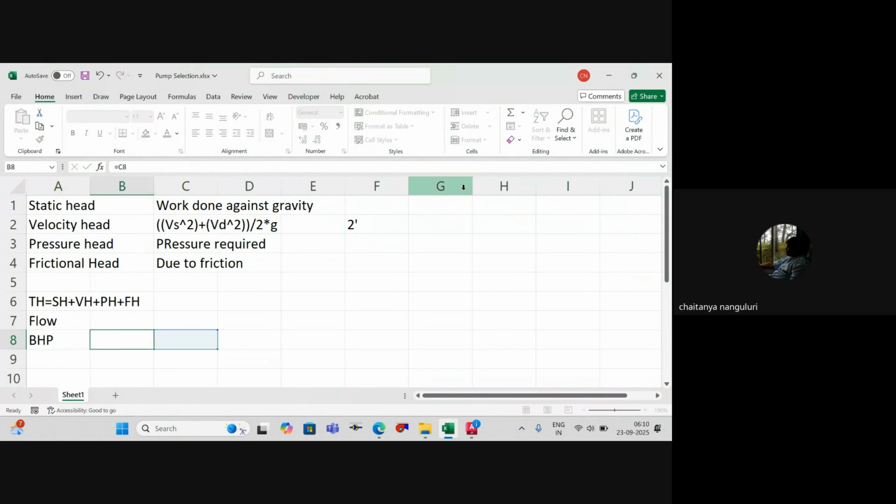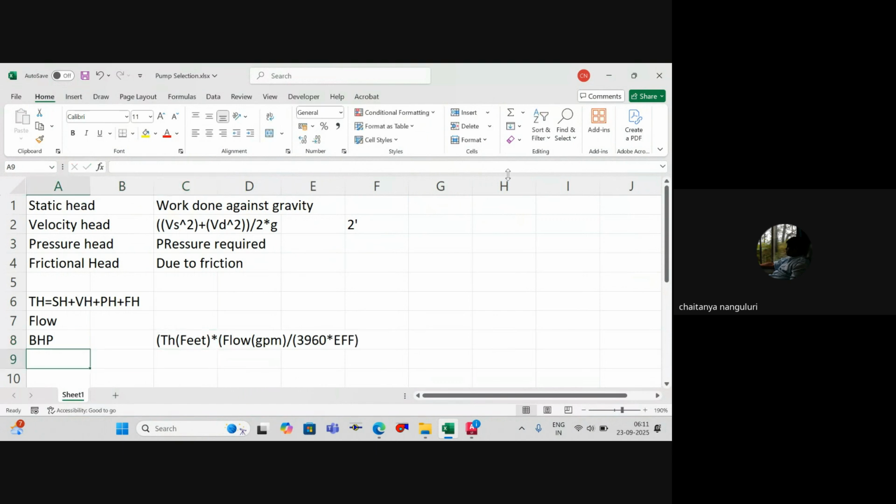Generally, the formula that we use is: brake horsepower is equal to flow rate in GPM multiplied by total head in feet, divided by 3960 into efficiency. This will give you the total brake horsepower.